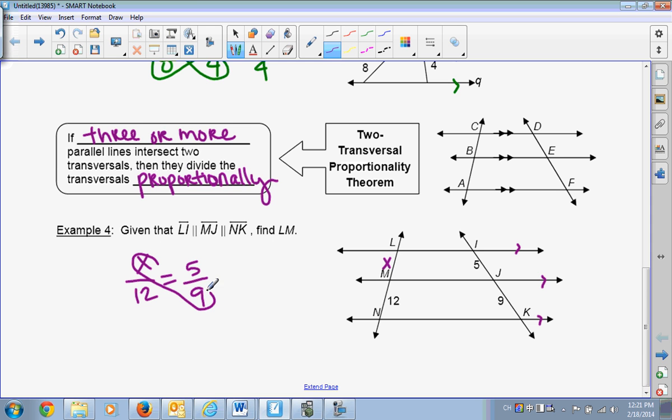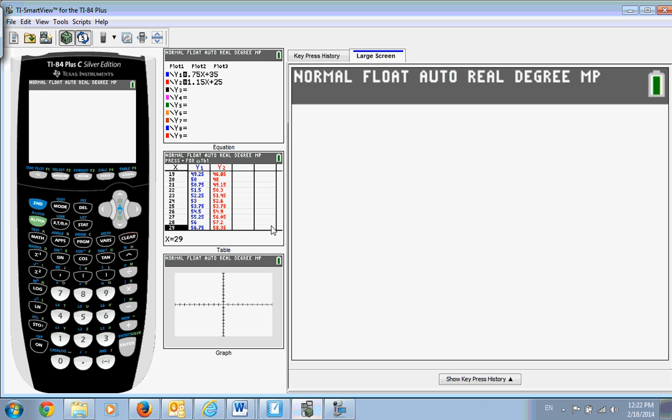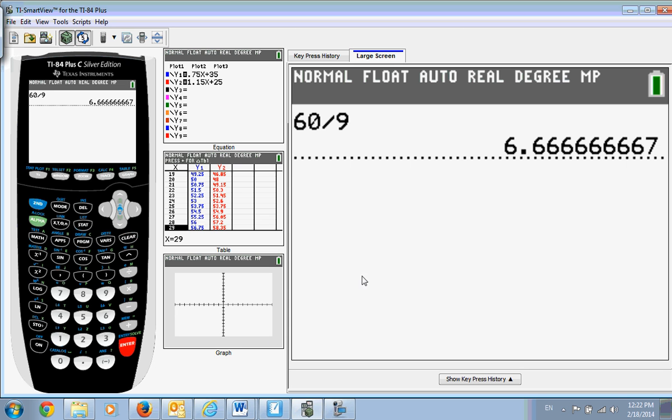So cross multiply. 9x equals 12 times 5 is 60. Divide by 9. Okay, I know that's not going to go into 60 evenly, so I'm going to go to my calculator. 60 divided by 9. Okay, it's going to give me a repeating decimal, 6.6 repeating.